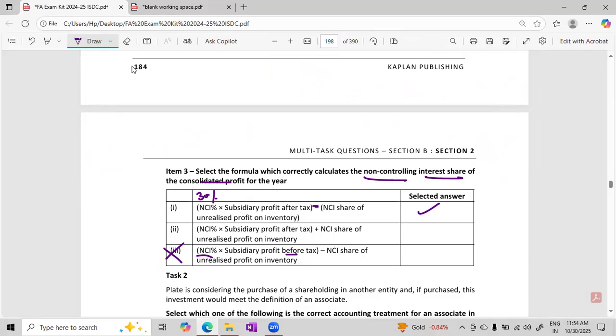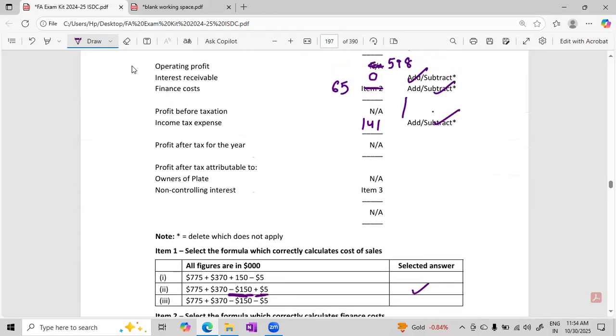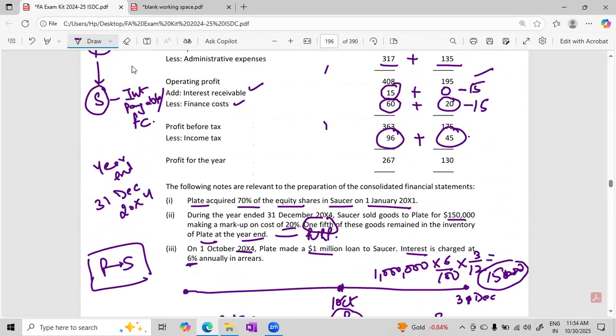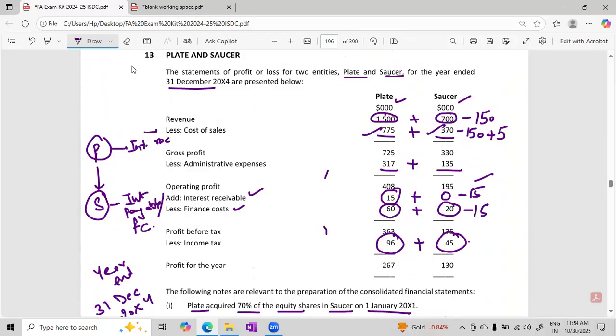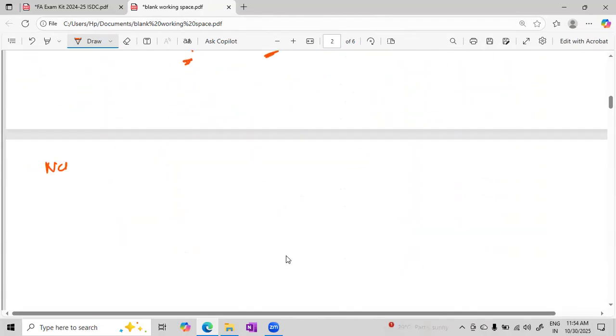Let's see how we are going to calculate it. So over here, yeah. So the profit for the year for the subsidiary is 130. Okay. So see, NCI's share would be 30% of 130, right? So let's see how much it would be. Wait a minute, I'll calculate it. 30% of 130 is 39. Okay.